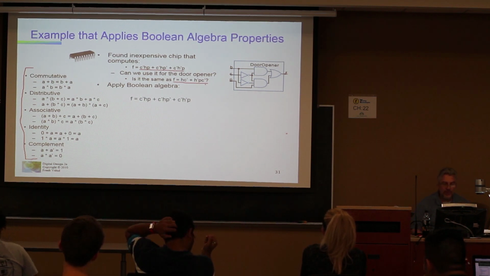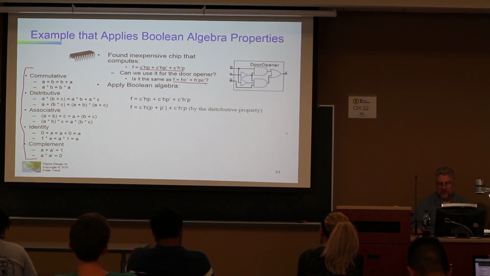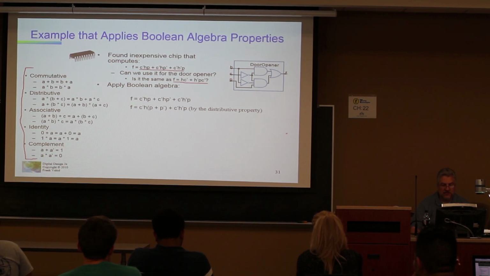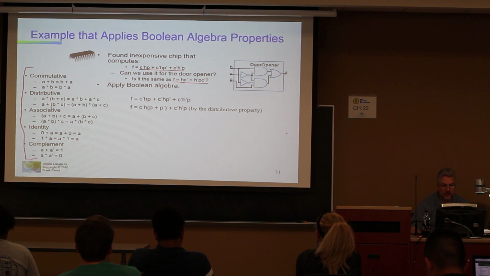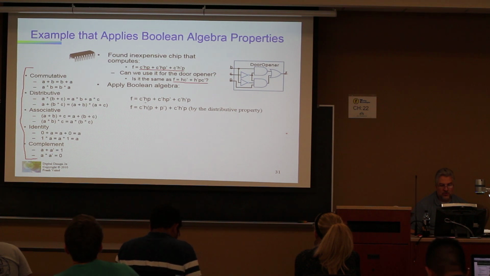So that is our Boolean algebra equation, right? So based on the distributive property, which one? Well, we're looking at this one right here, or this one right here. First one. So we're looking at C prime H. C prime H is the same thing between the two, right?